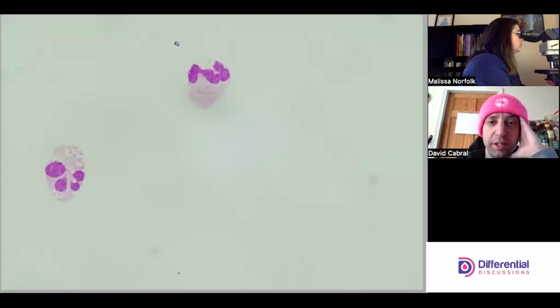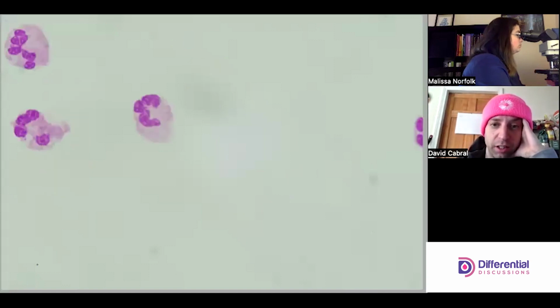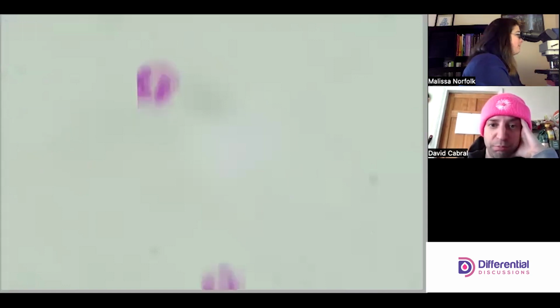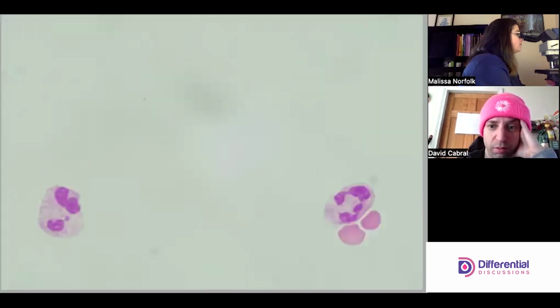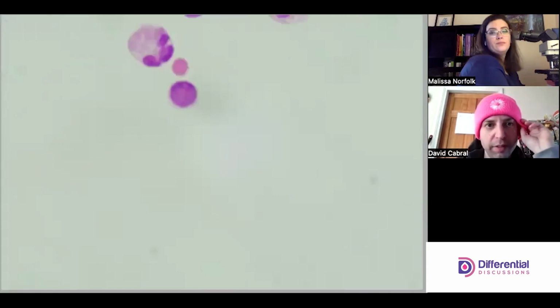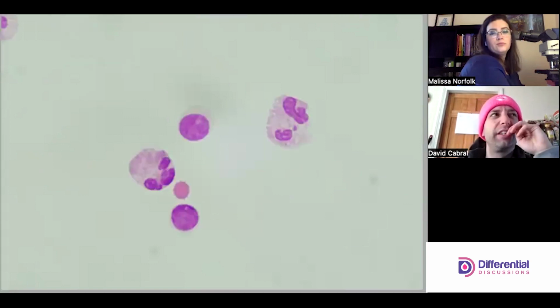It also could be that neutrophils and white cells will respond to inflammatory signaling. And to be honest with you too, neutrophils tend to look like they've been through war.